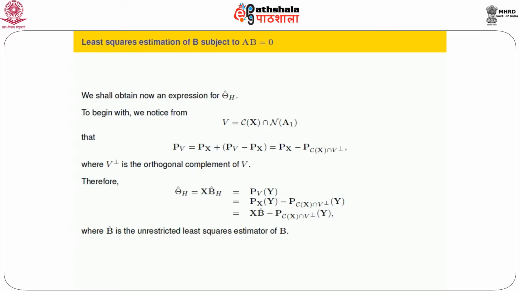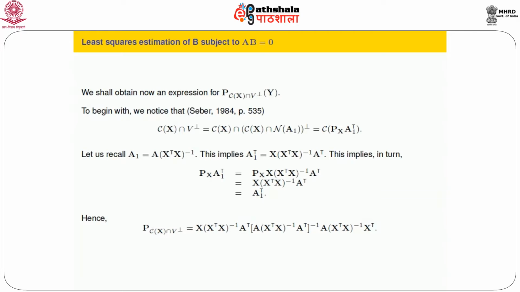So let us recall now, what is A1? A1 we have defined to be A x transpose x inverse. Let us remind ourselves that we have already assumed that capital X is a matrix of size n cross p with full column rank. So therefore Px A1 transpose turns out to be A1 transpose.